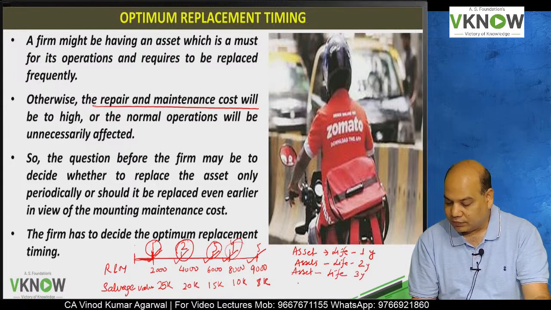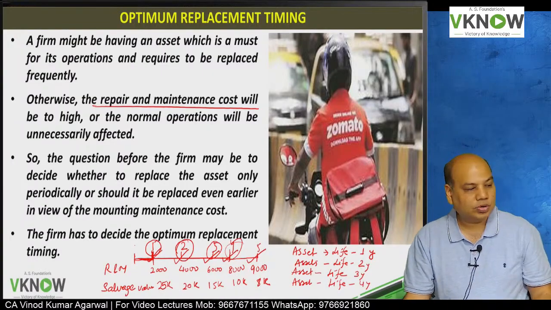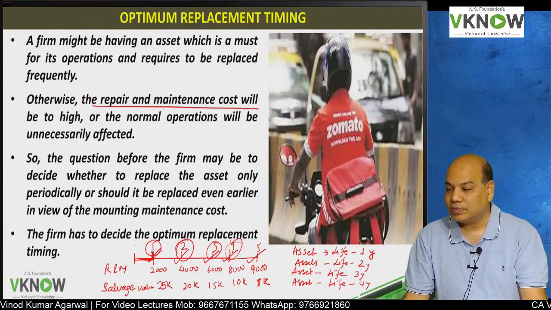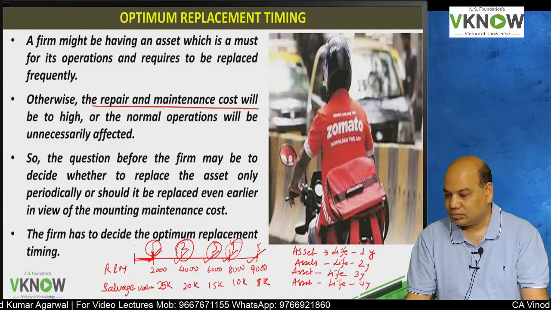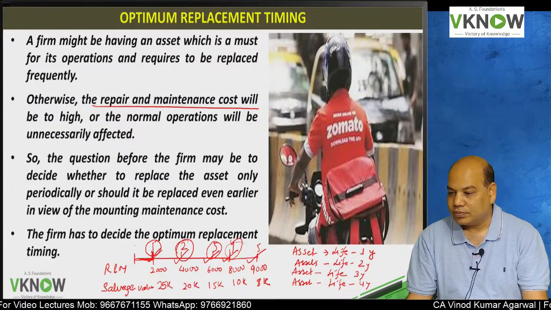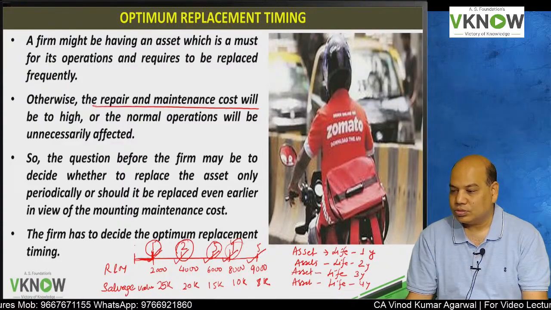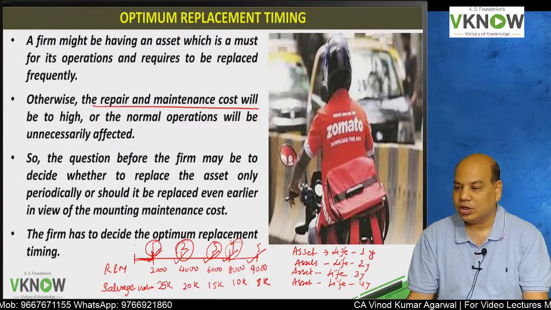If I replace every 4 years, it is an asset with life 4 years. So how do I compare them? Should I compare them only on the basis of present value? Or should I compare them on the basis of EAC or EAB? Option 1, present value. Option 2, compare their EAC or EAB.